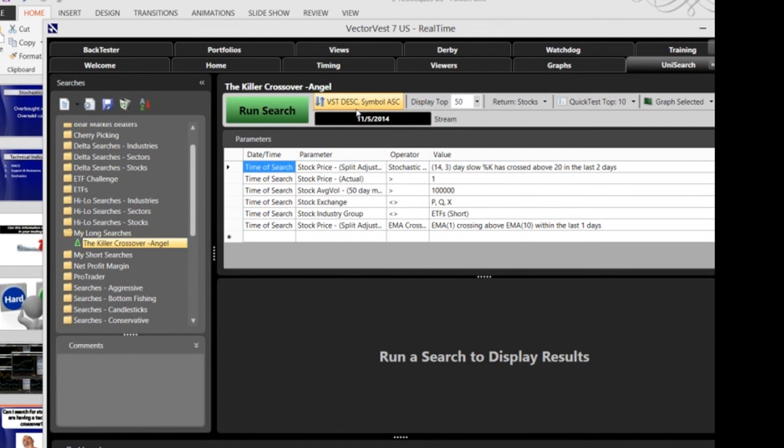And I was able to establish that in historical testing first and then put it into action in live trading.